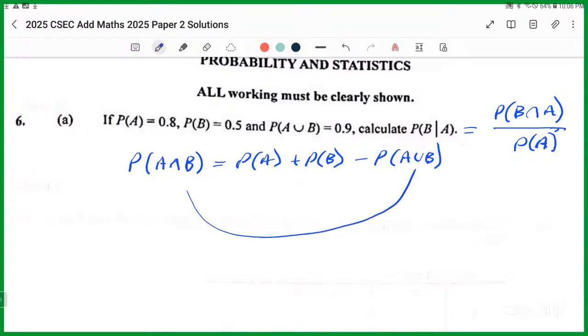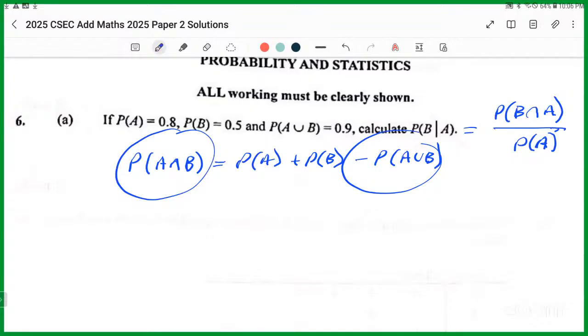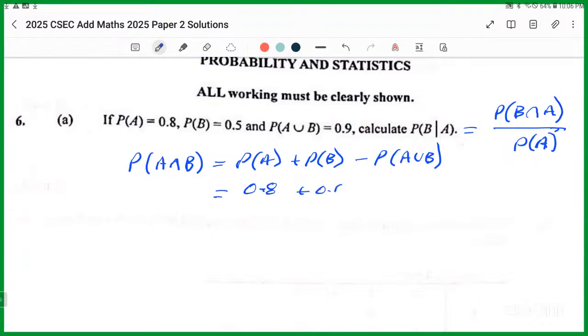Put another way, the sum of this and this will always be equal to the sum of these two. So this works out to 0.8 plus 0.5 minus 0.9. That becomes 0.4, because this and this is equal to 1.3, minus 0.9, it becomes 0.4.